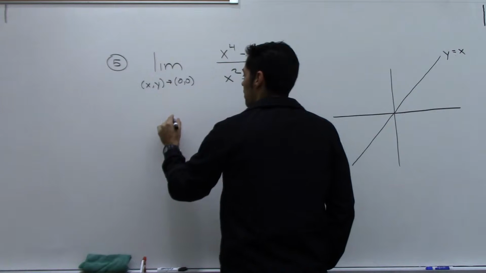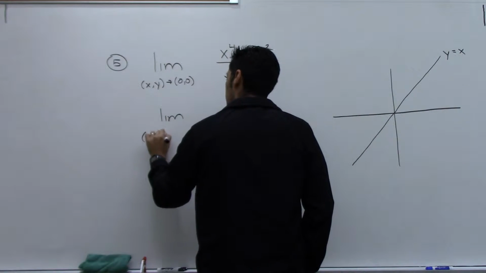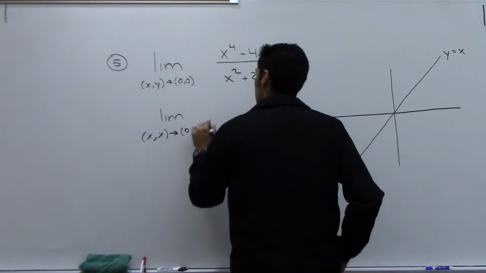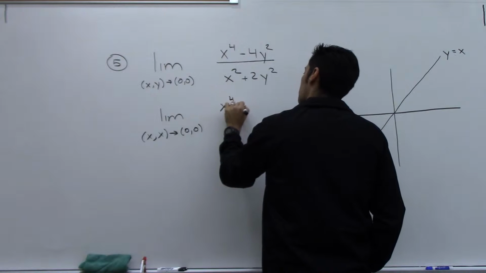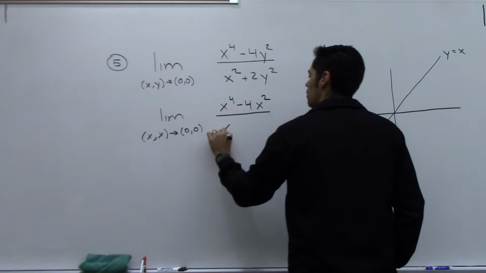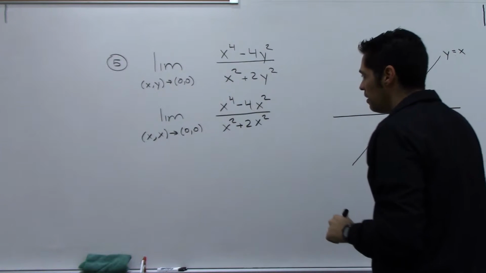So what I'm going to do is take the limit as (x, y) approaches (0, 0), letting y be equal to x. This becomes x^4 minus 4x^2 over x^2 plus 2x^2, replacing the y's with x's.